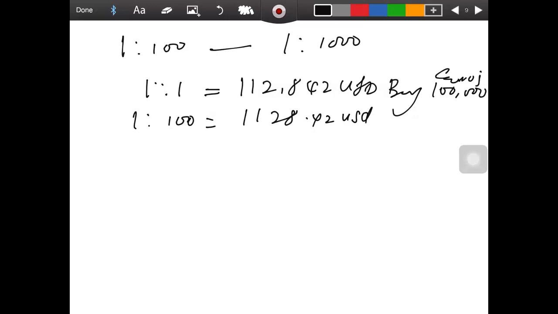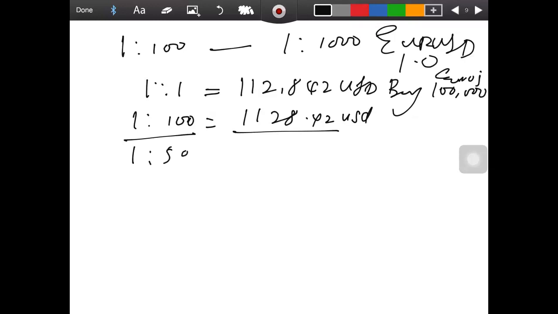The broker gives you the option of 1 to 100 to 1 to 1,000. It is your choice to choose. So if you choose 1 to 100, this is what your margin will be for EURUSD, one standard lot, 1.0. But if you choose 1 to 500, this will be divided by 5.